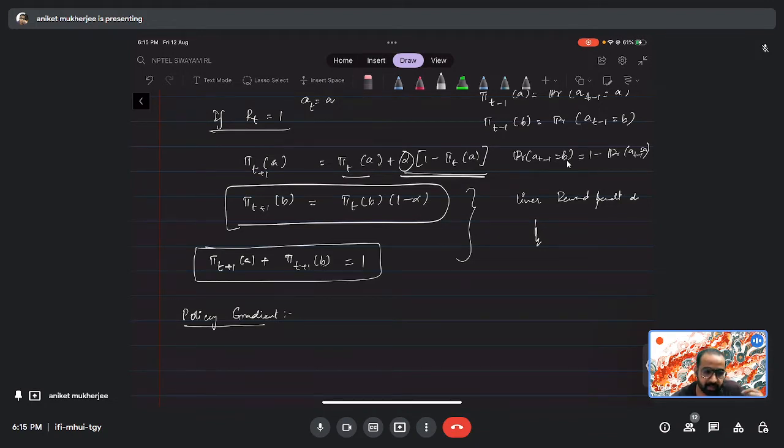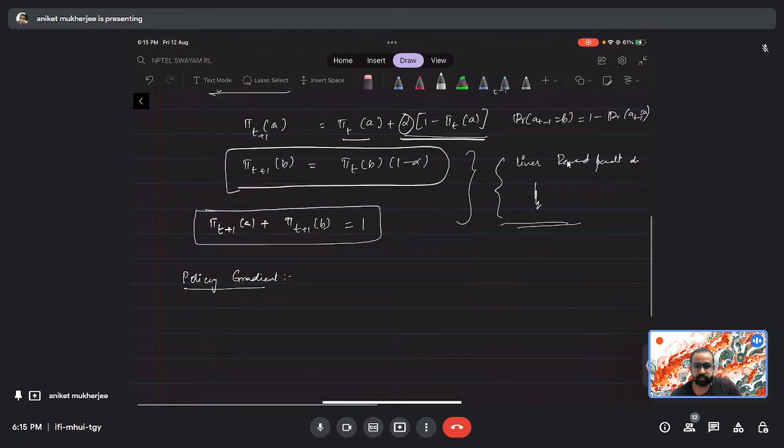Depending on those two parameters, alpha and beta, sir gave I think three different notions of algorithms.